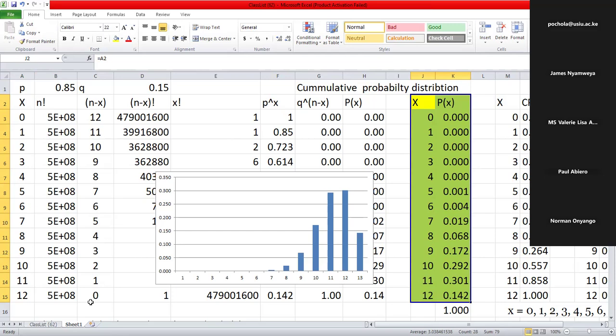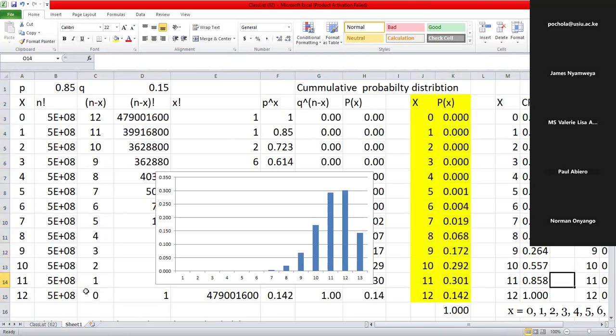I want to show you how to get Excel fx function here, to get that column there. Now to get this column, we use Excel fx function, this one here, the probability distribution. So now just write the same thing here from fx.